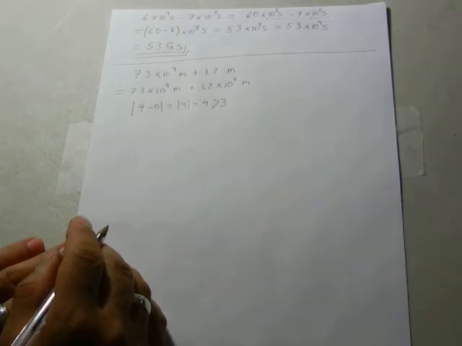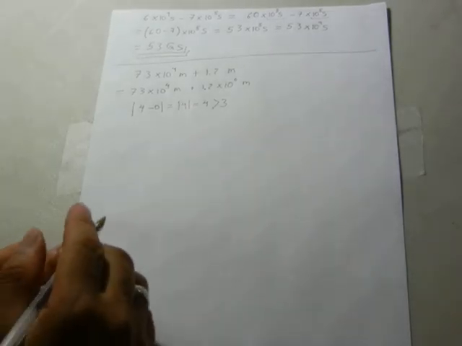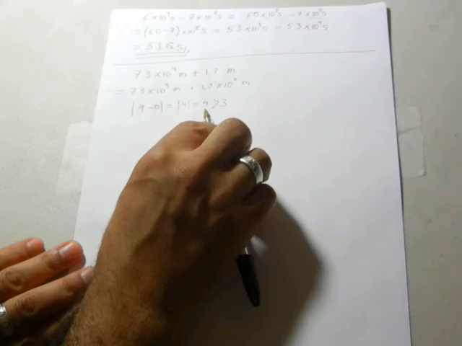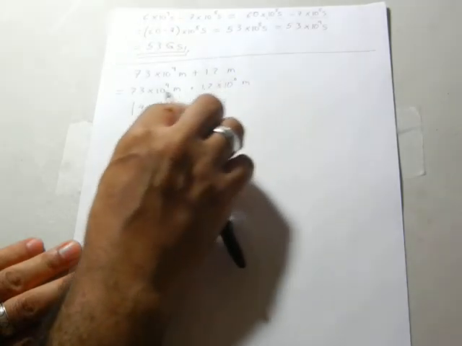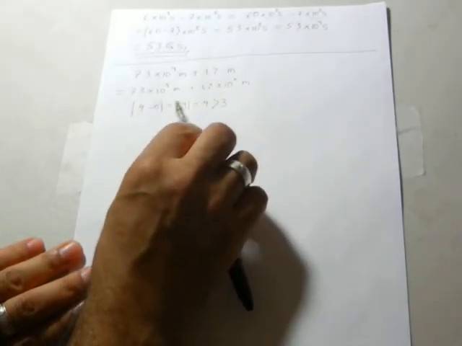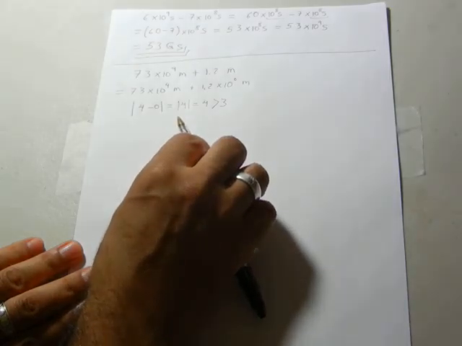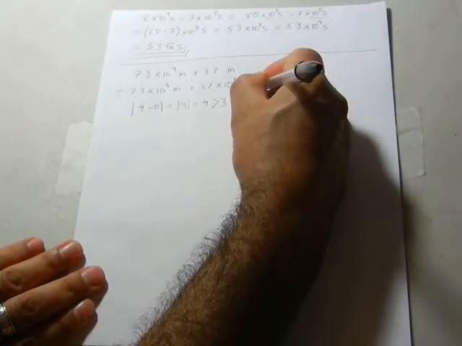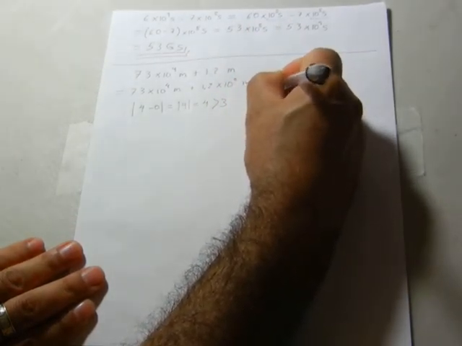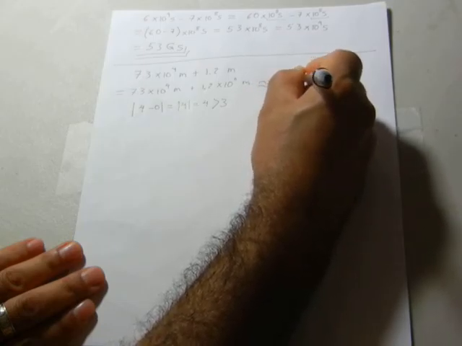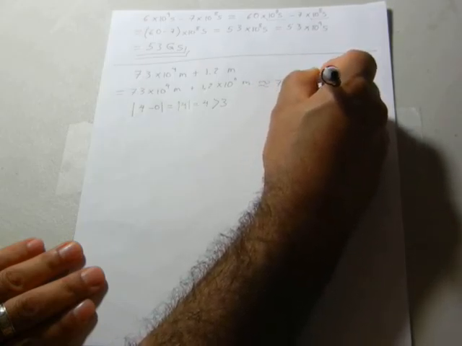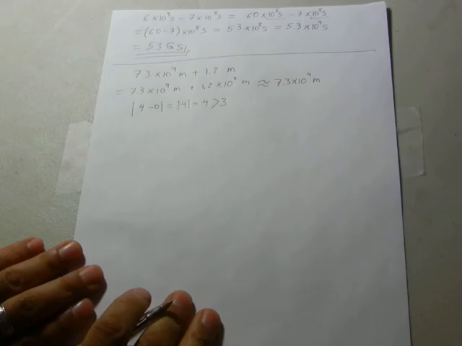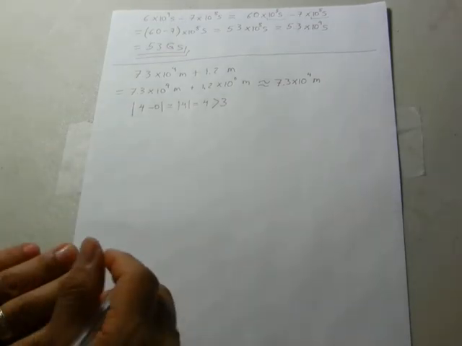According to the first rule, 2.21, if the difference of the magnitude orders is bigger than 3, the number with the biggest magnitude order will be approximately the answer. So we can say that this is approximately 7.3 times 10 to the 4 meters, and that's all. We don't need to do more.